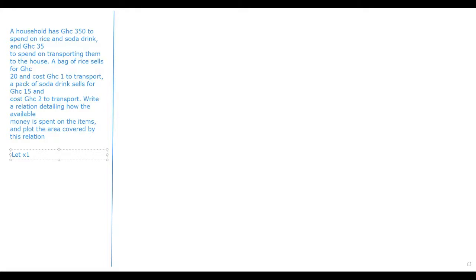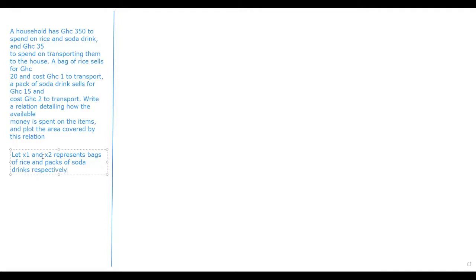With the decision variables, we are interested in their quantity or the unit. So let x1 and x2 represent the number of bags of rice and packs of soda drinks, that is unknown, the quantity is unknown, respectively.